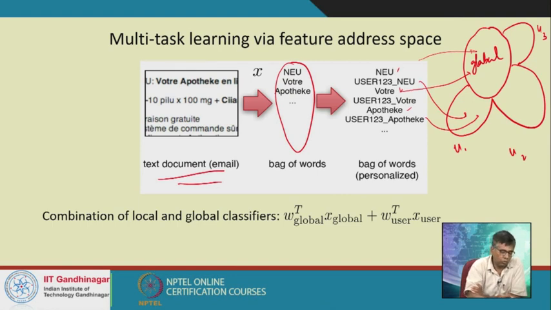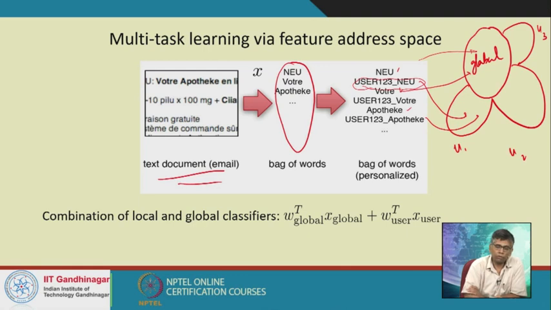So notice that only the emails that belong to U1 will have tokens that are specific to U1, right? If U2 gets the same email, it won't have this particular token, because it is going to be prefixed by user 2's name, not by user 1's name.